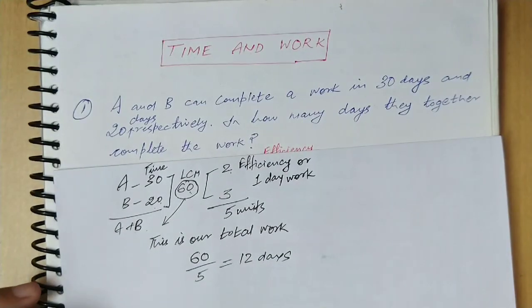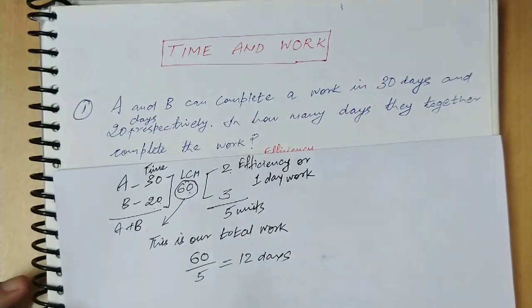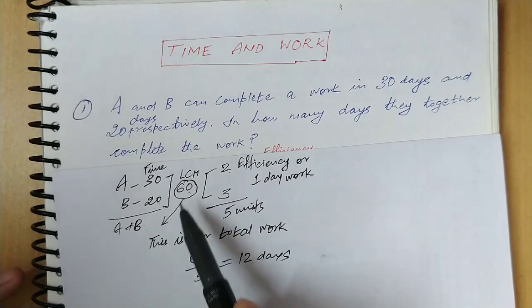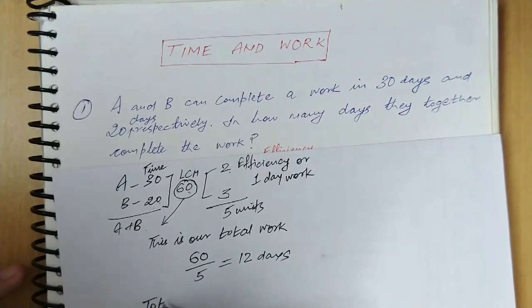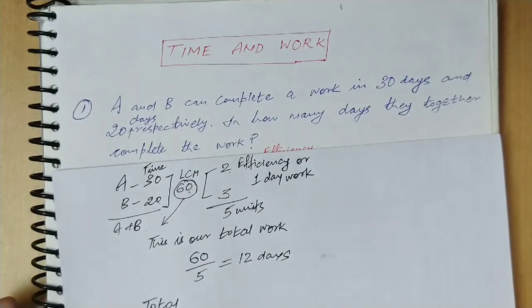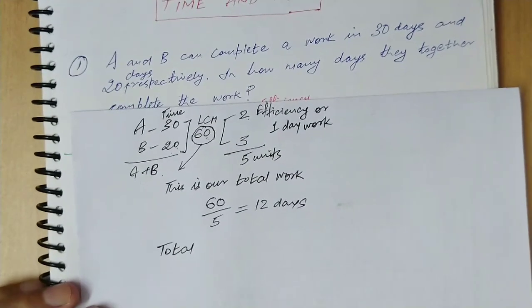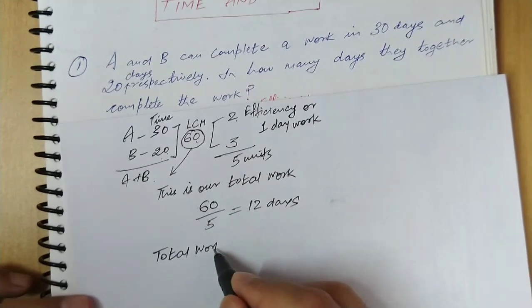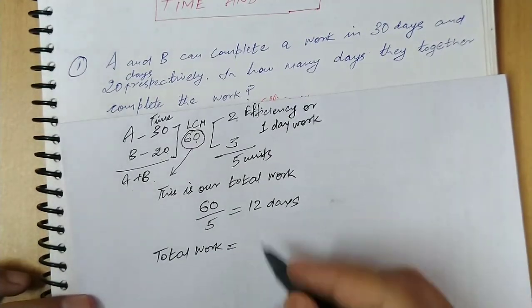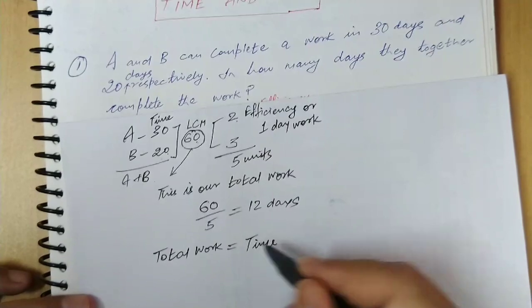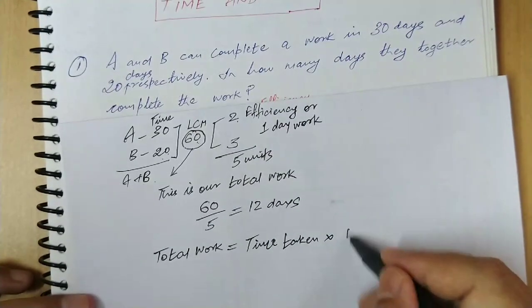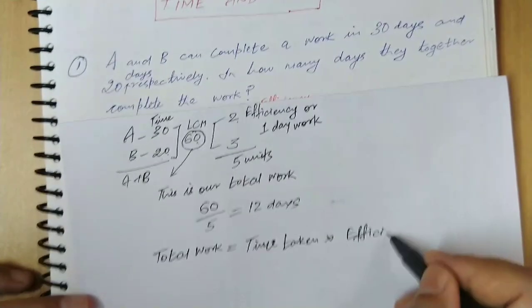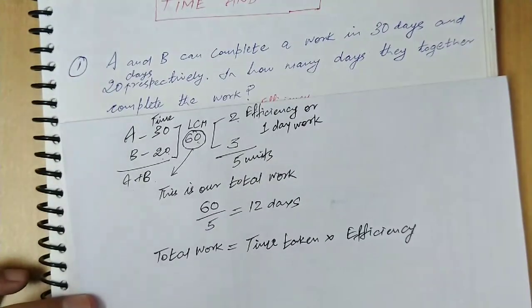Now if you look at this problem, you will find a formula. The formula is total work is equal to time taken into efficiency.